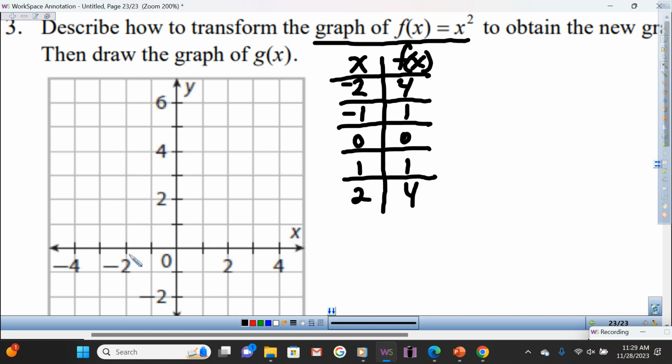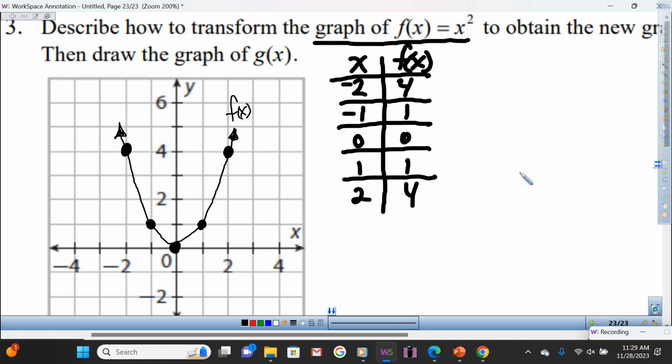Let's graph that. -2, 4. -1, 1. 0, 0, 1, 1, 2, 4. Some of you are like, hey, that's like the home play, Mr. Q. Good thing I've been doing all my home play. Oh, yes.